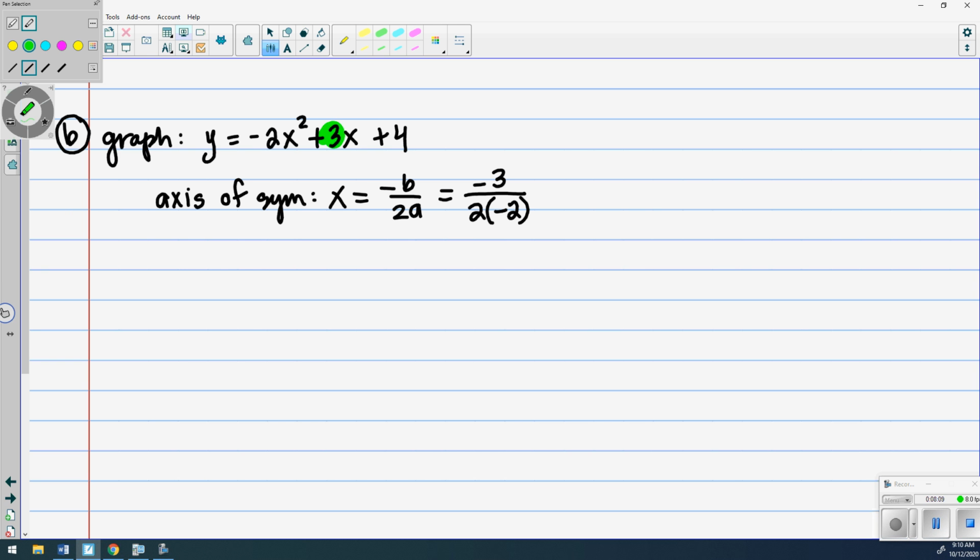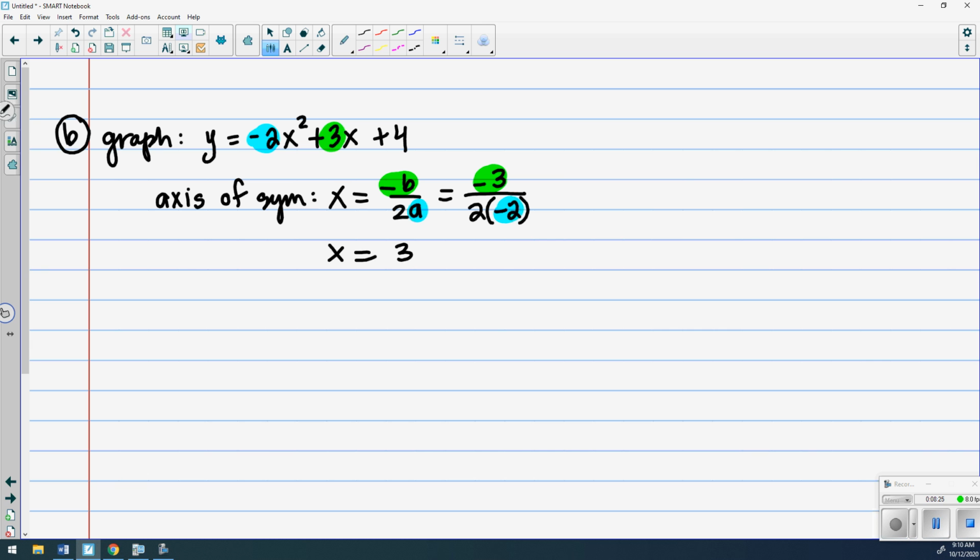Here's the 3. That was my negative b. Notice how I did the opposite. Over 2a, here's my a value. A was negative 2. So it looks like my axis of symmetry is going to be positive 3 over 4. The two negatives will cancel. 2 times negative 2 is negative 4. All right, that's my axis of symmetry.